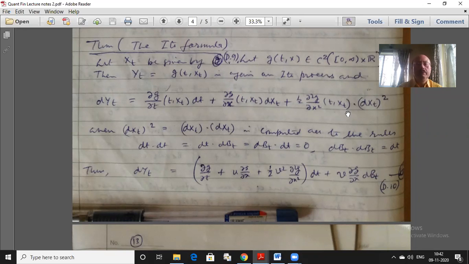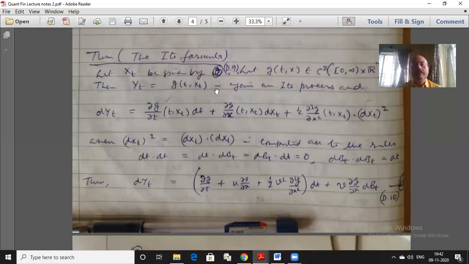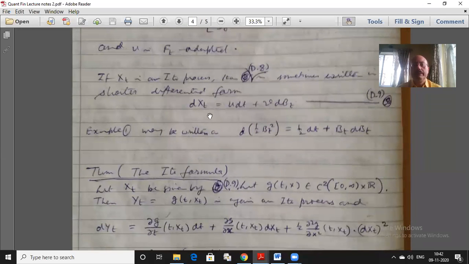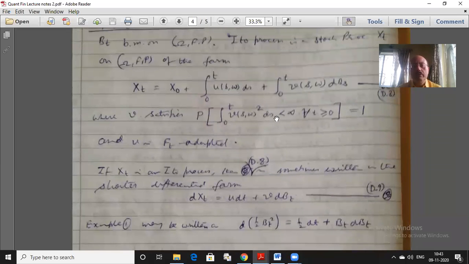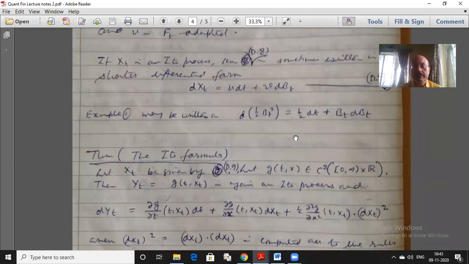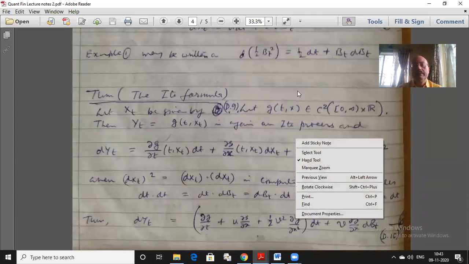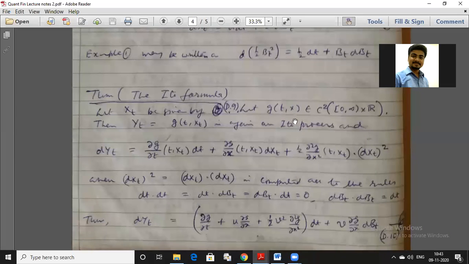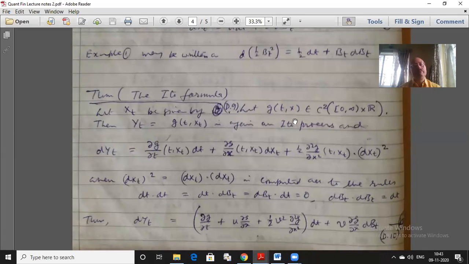So the theorem says the following: suppose Xt is a process of this form, dXt is u dt plus v dBt, or Xt is actually a sum of these two types of integral. So that's any Xt process. And let us take a function g. The function is a function of time as well as x.